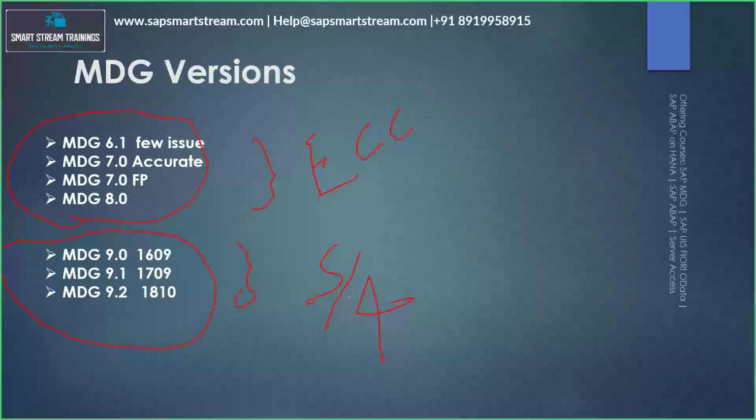This we already discussed in the beginning sessions. Just go through the SAP versions, you can get an idea. The first MDG version was released in 2006. In 2006, it was not that popular at that time.